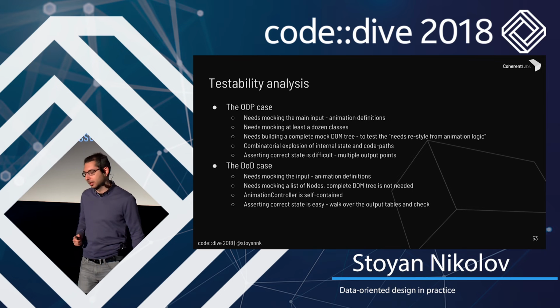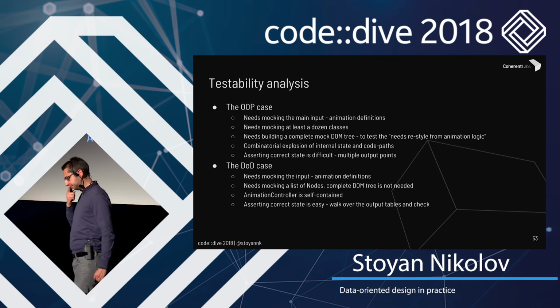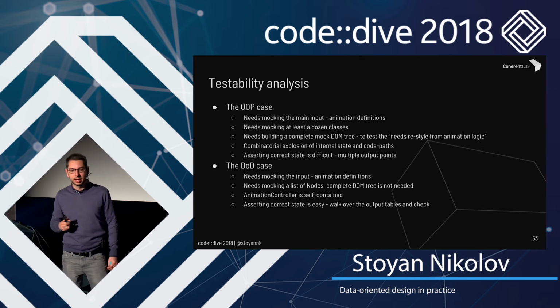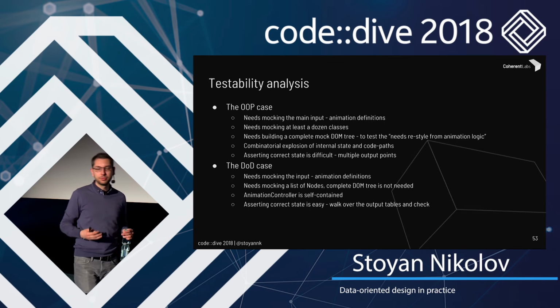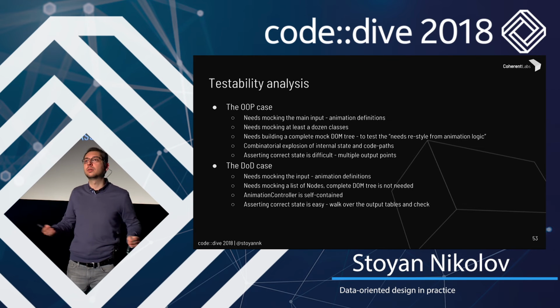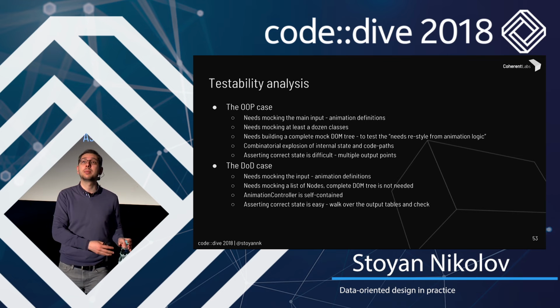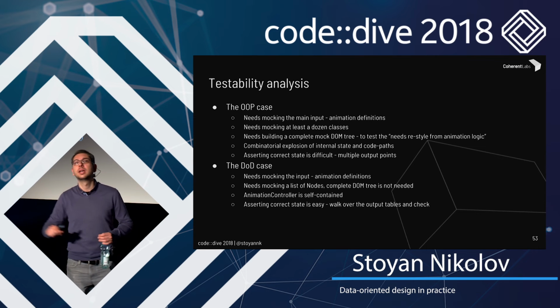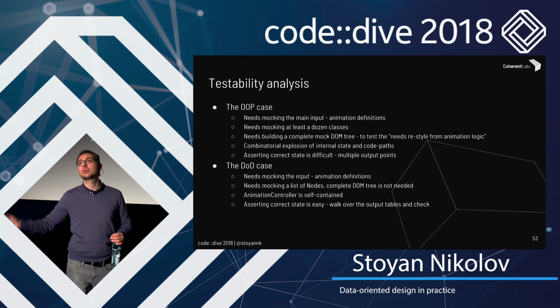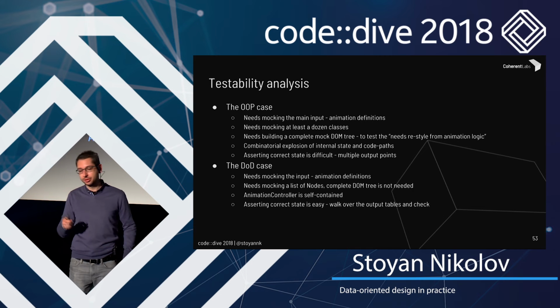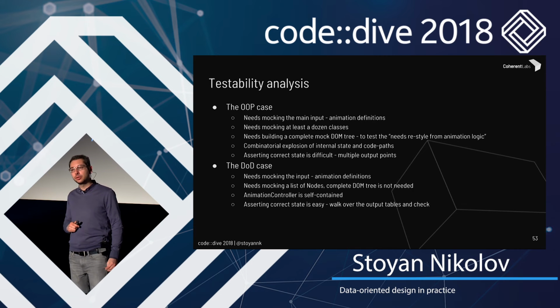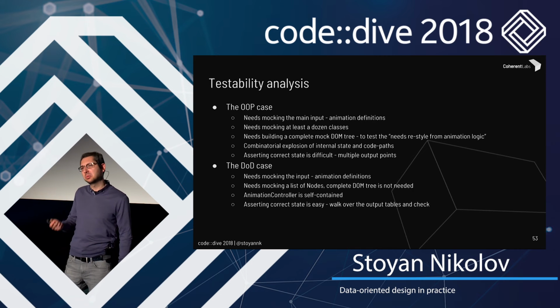So the testability. Testing these systems, again, in the object-oriented case, it's a bit involved. If you use unit testing or some kind of mocking, you have to mock a lot of systems just to test your animation system, because it goes and reaches out to all those other parts in your code base. With the data-oriented case that we designed, it was easier.